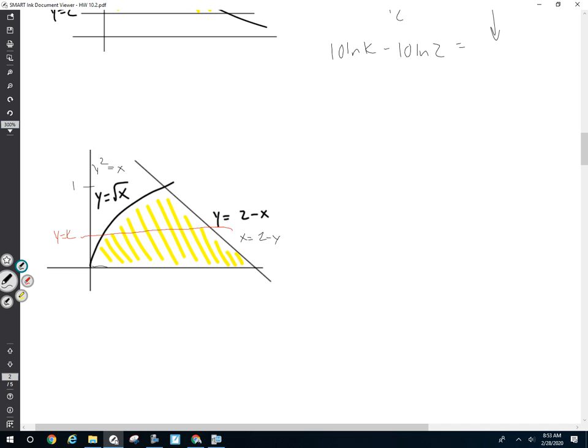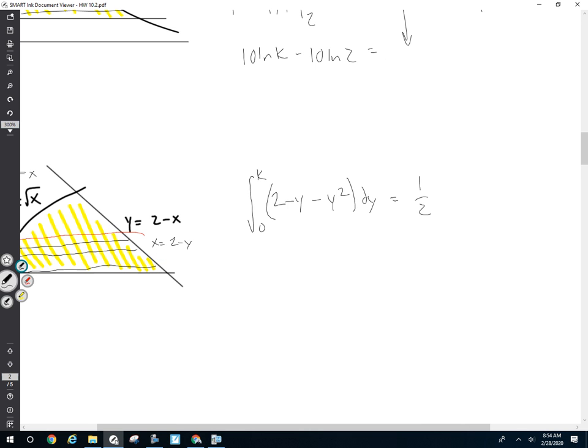So my area from 0, it's nice to see a 0, to k will be equal to half my total area. So the integral from 0 to k of my right minus my left, which are my widths, will equal half my total area.